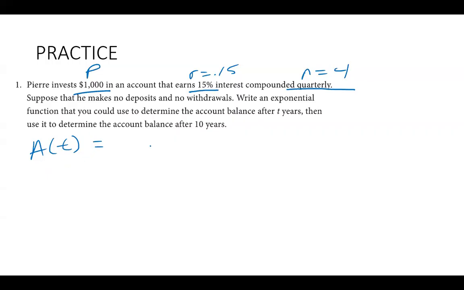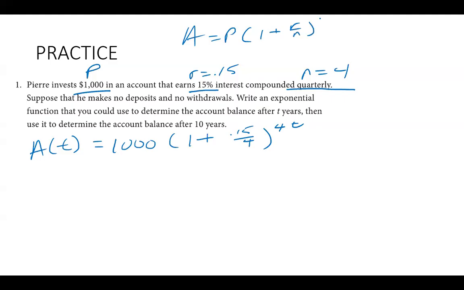Does that make sense? Okay, so it would be 1,000 times 1 plus 0.15 divided by 4 to the 4t, because we're using A equals P times 1 plus R divided by N to the N times T. Okay.